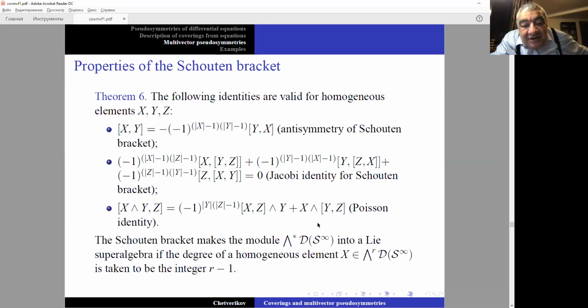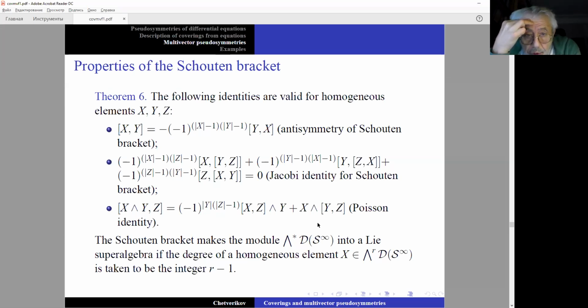It is just a technical reformulation, except that maybe this point of view will give you another look at what's happening. Okay, as I understand, for Volodya the language of Schouten brackets is a convenient language to express integrability or invertibility conditions for pseudosymmetries, nothing more.